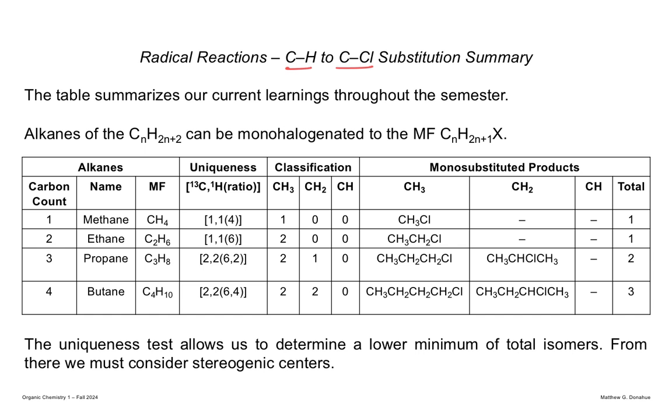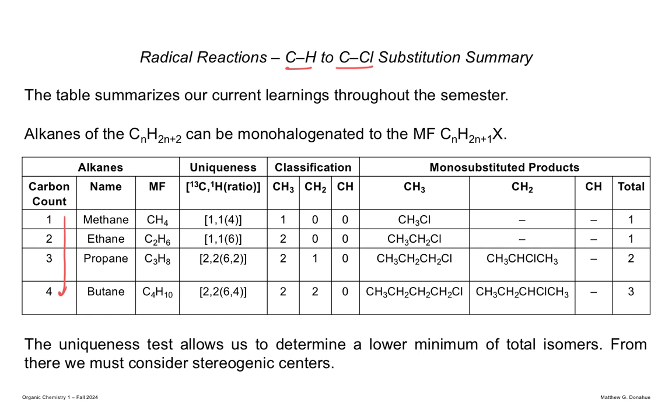We're now taking an alkane to make a monohalogenated alkane. You can see from the carbon count increasing, we learned about nomenclature, molecular formulas, uniqueness, classifying methyl groups, methylene groups, methine groups, and then using that information to theoretically predict all the possible monohalogenated products.